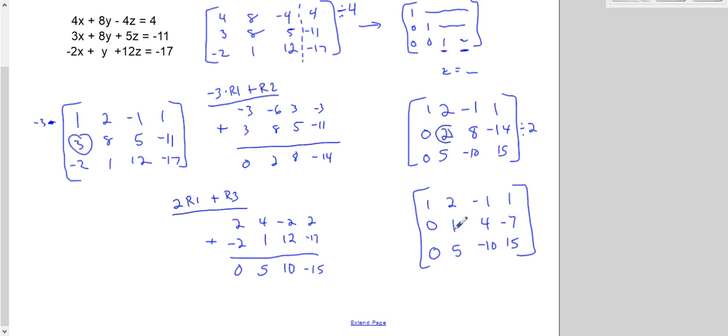All right, so I've got my 1, 0, 0. My leading number here is a 1. Now I need to get this 5 to be a 0. So now that I'm getting the second number to be a 0, I want to go to the row that has the second number as a 1, which is row 2. I don't need row 1 anymore, because I have those values as zeros. So I'm moving on from row 1 to row 2.